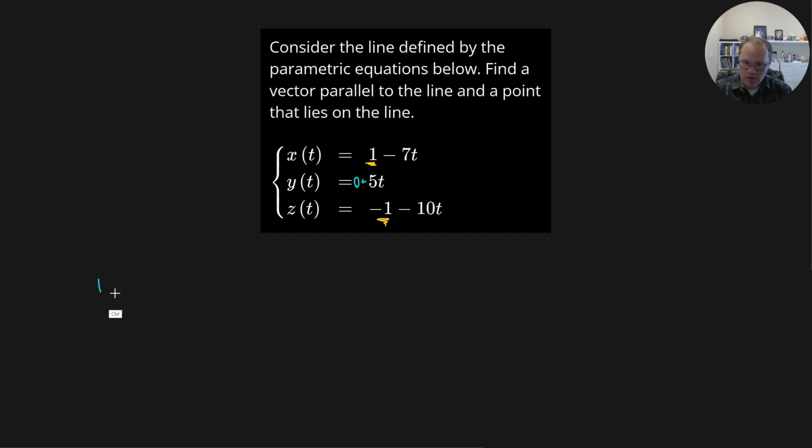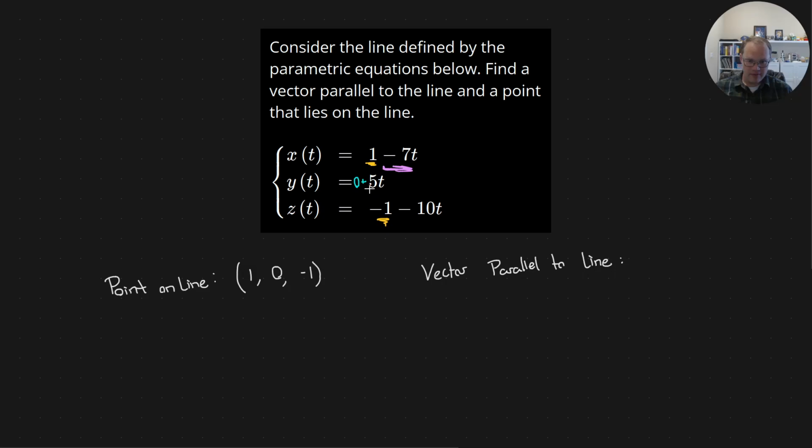So the point on the line: well, in the x equation, we have a 1. In the y equation, we have a 0. In the z equation, we have a -1. If we want a vector parallel to the line, we just take the coefficients of the parameter t.